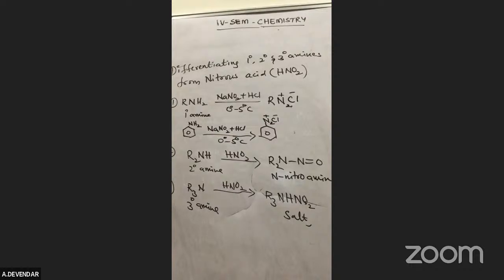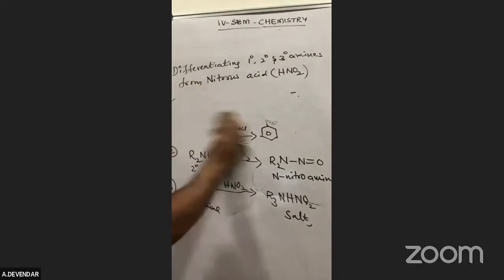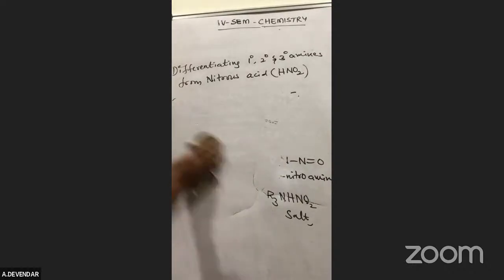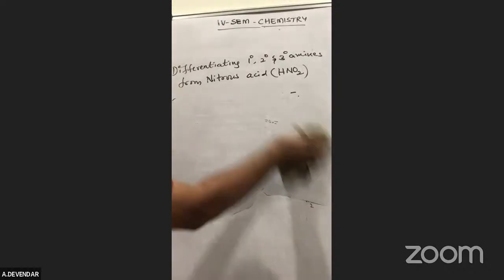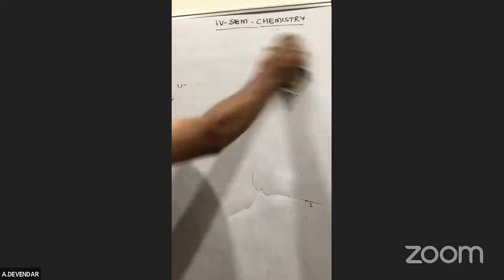First is the separation of the mixture of amines by means of Hinsberg's reagent. Second is with nitrous acid, you are differentiating the primary, secondary, tertiary amines. One more name reaction is there, a test for the primary amines.